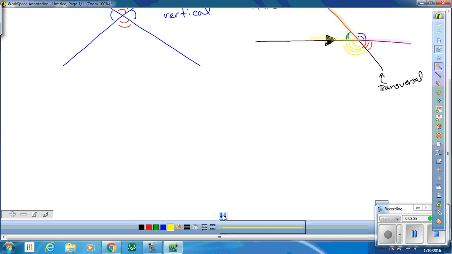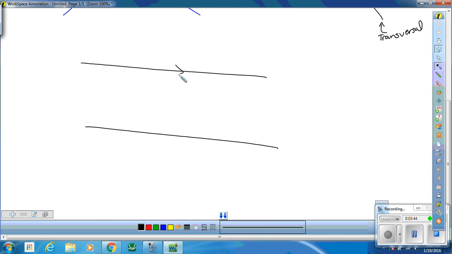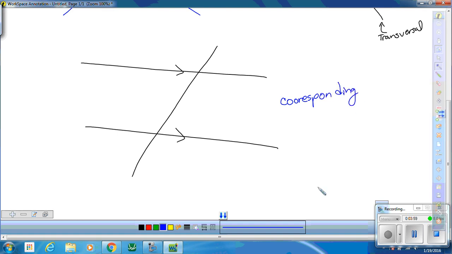There are some more angles that we know are congruent when we're dealing with parallel lines. So let's say I have parallel lines again, and then I have a transversal that goes through it. Other angles that we know are congruent are what we call corresponding. Corresponding angles are in the same spot at the other intersection.